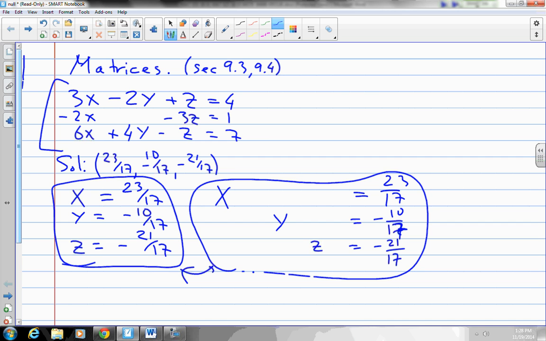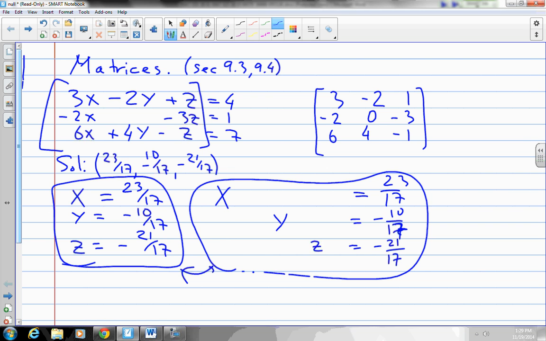If I take a look at these equations and write their coefficients, 3, -2, 1, -2, 0, -3, and then 6, 4, and -1, that's the matrix of coefficients from the equations. So that's what the matrix is, just taking the coefficients.